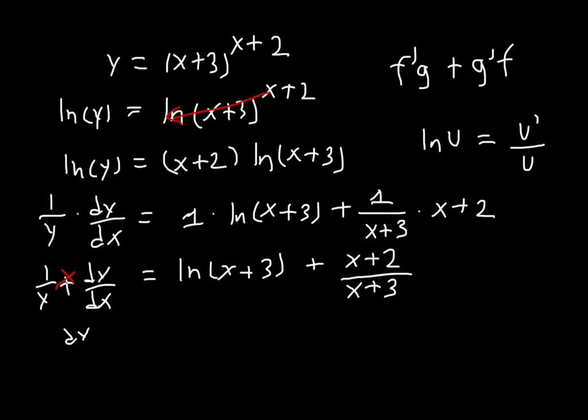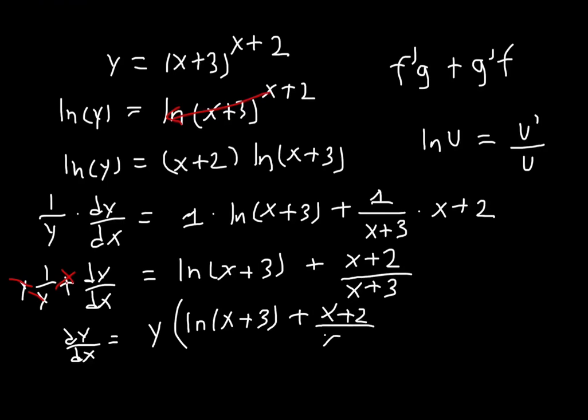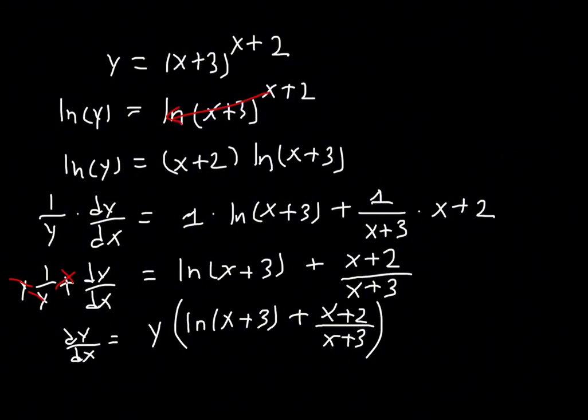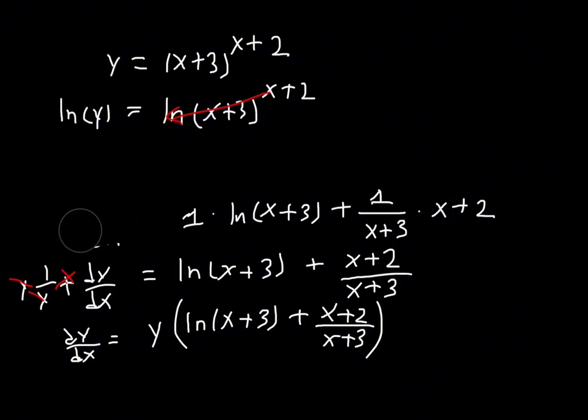So dy dx is equal to, we're just multiplying y by both sides, so the y cancels, and then I multiply here, so ln of x plus 3 plus x plus 2 over x plus 3. That's the derivative. I need more space, so I'm just going to erase this part.